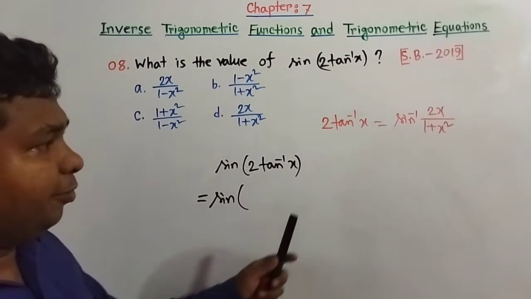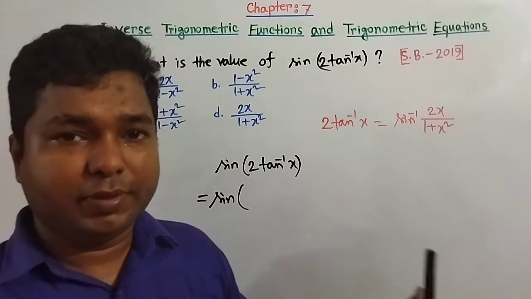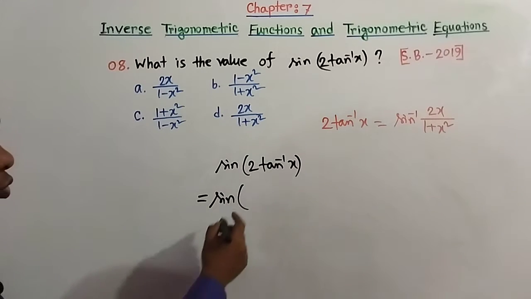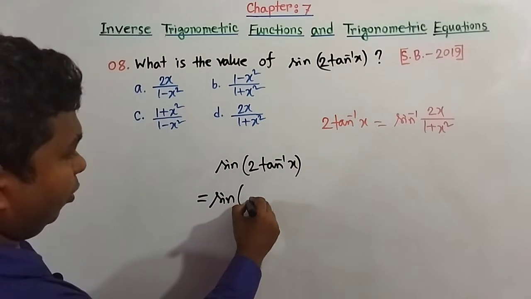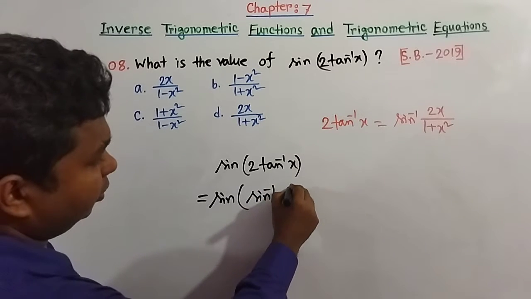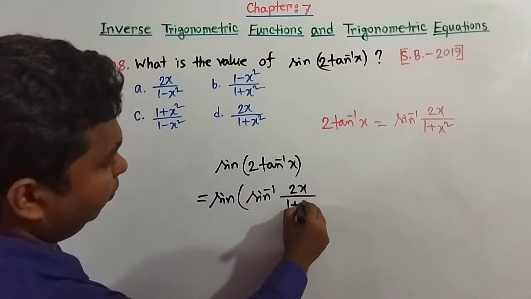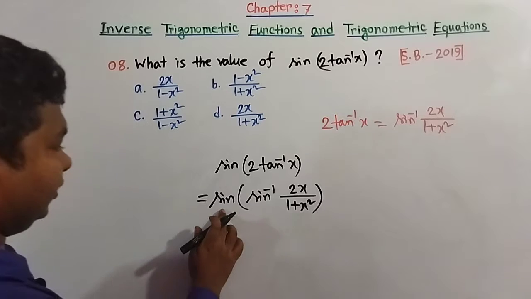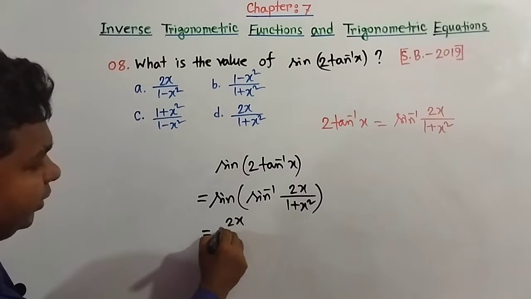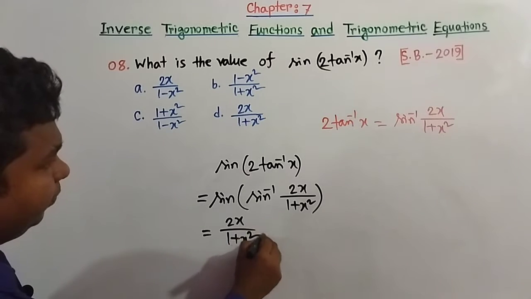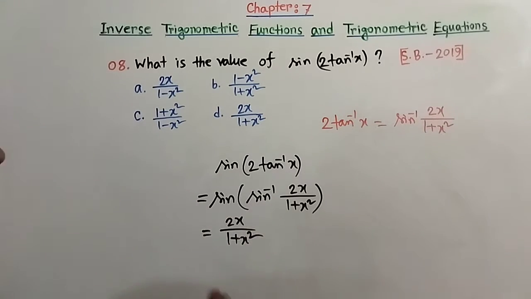Now by using this formula we solve this problem. Then sine and sine inverse will be cancelled, therefore 2x by 1 plus x square. So our required value is 2x by 1 plus x square, that is option D.